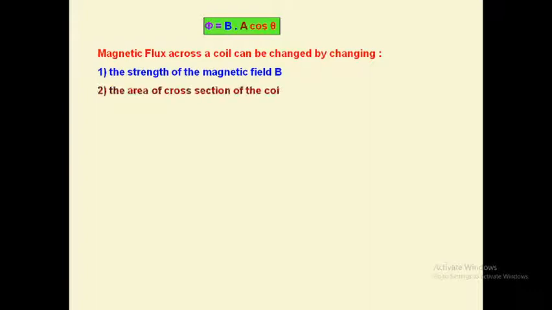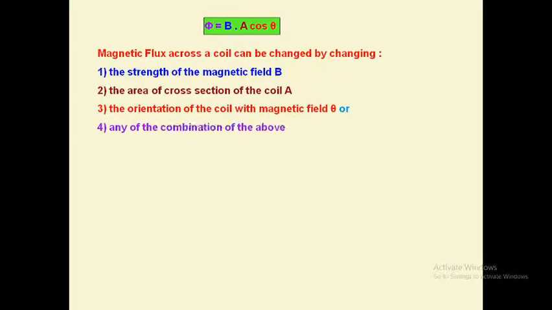Magnetic flux across a coil can be changed by changing, you can see here there are three things, B, A and theta. So you can either change B, magnetic field, or you can change area of cross section, A, and you can also change the orientation of the coil with magnetic field, theta, or any combination of the above.